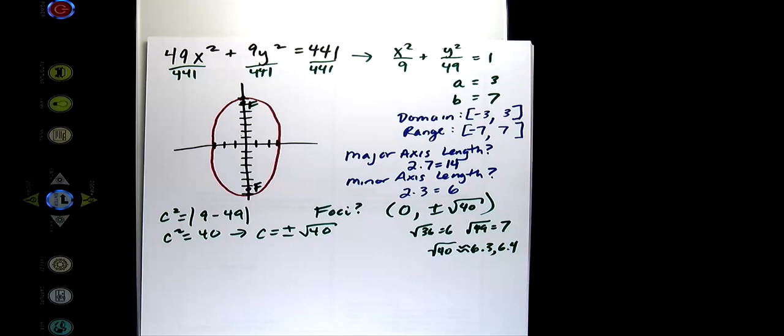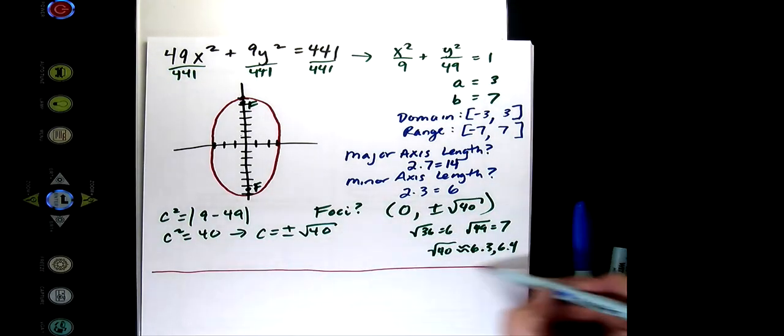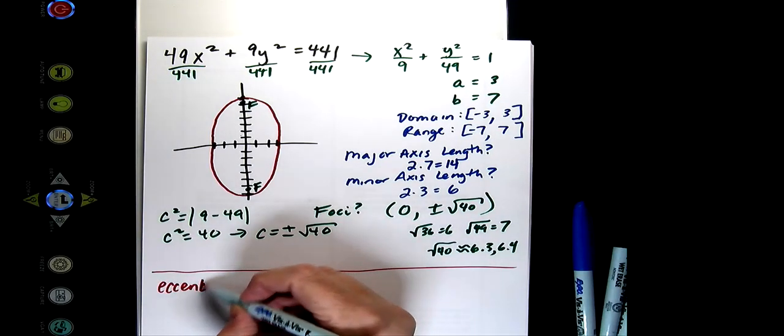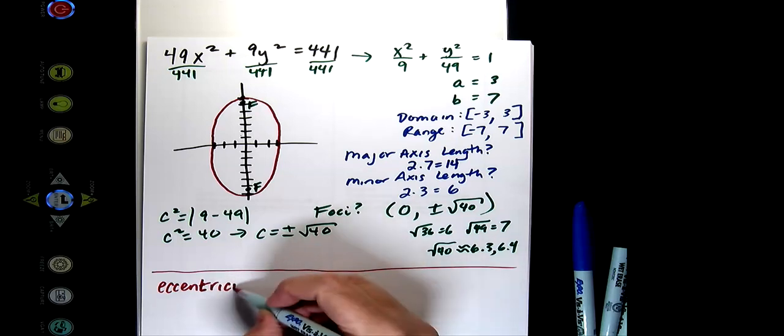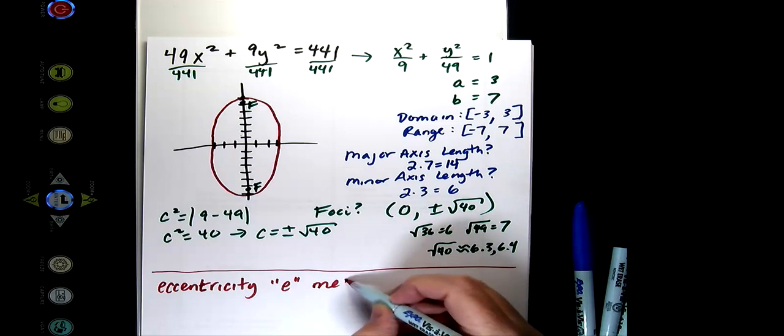Here's a good time to bring in the next topic: eccentricity. Unfortunately, we use the letter E. It measures roundness.